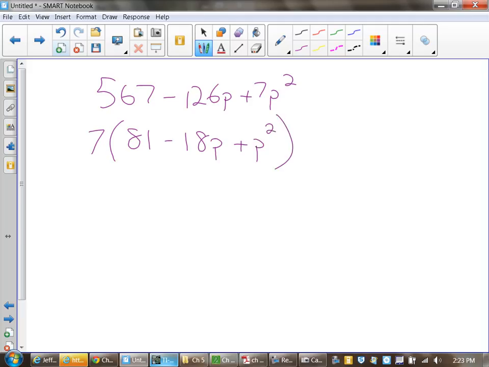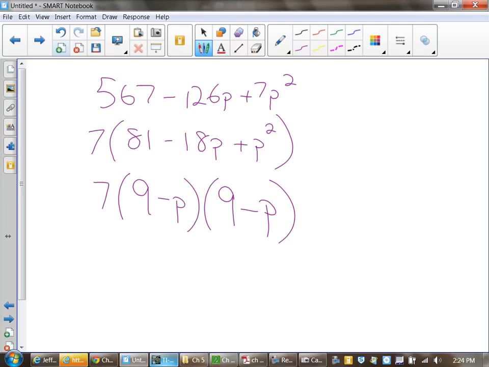Now, even though this is written backwards from what you're accustomed to seeing, can't I still ask the question, what times what is 81 and adds together to get negative 18? So you wind up with 7 times (9 minus p)(9 minus p).